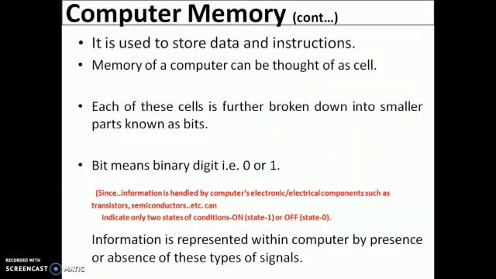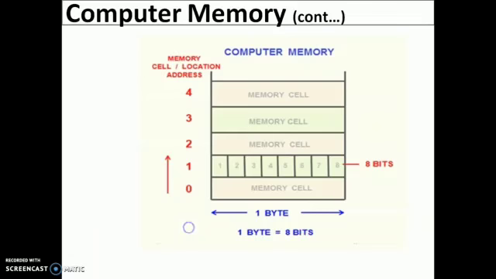A computer stores data and instructions. Computer memory is thought of as a cell. Each cell is broken down into a number of bits. 8 bits is equal to 1 byte, and each memory has a location address.